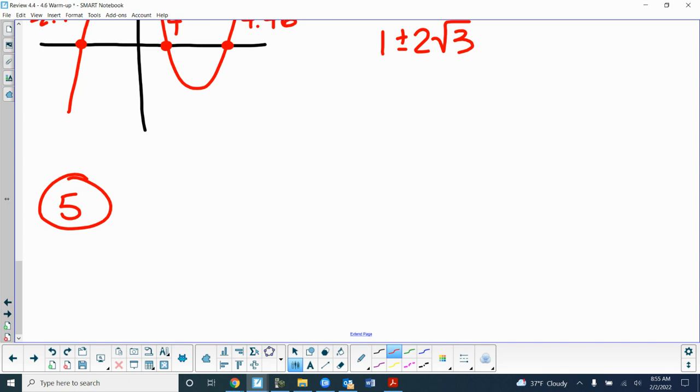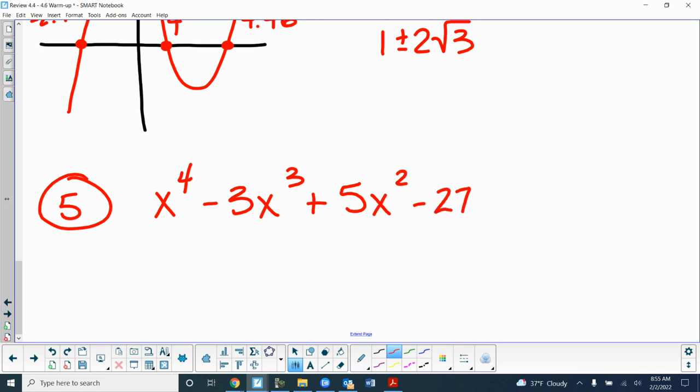All right, number 5, there's how many zeros? 4 of them. But how many can you see? Just 2 of them. So you're going to have to do synthetic division for this one to find the 2 imaginary ones. Okay?